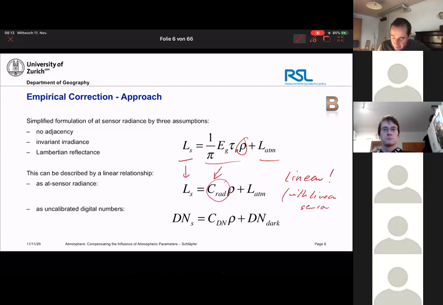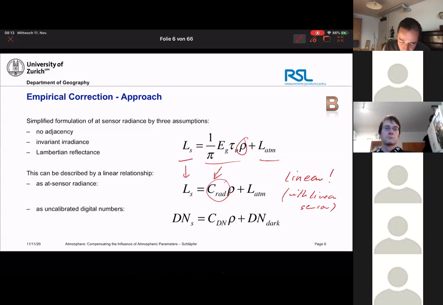And from sensor theory, you may know that at some point the sensor starts to saturate, it won't register more photons, and so linearity is not always fulfilled, specifically for bright targets. So if you analyze imagery in the end, you may see bright targets which look strange because they just didn't get the full radiance registered.